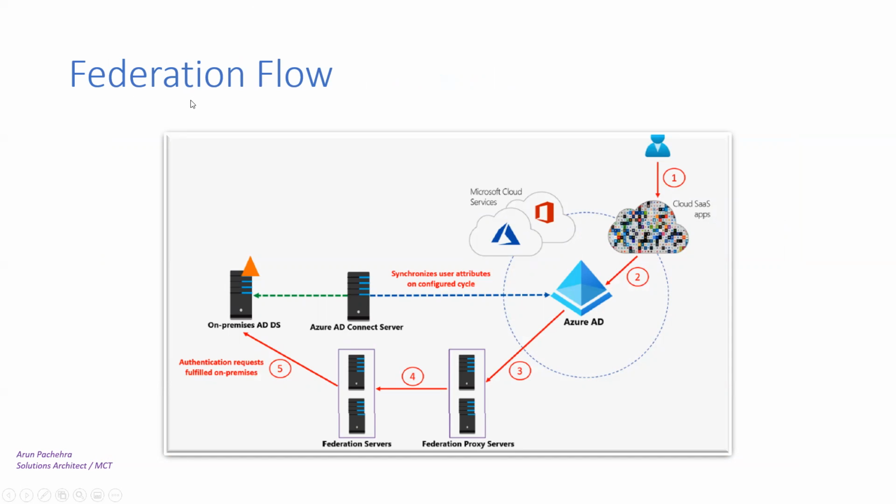This option allows an organization to configure a trust relationship between their on-premises federation server and Azure AD. Of course, there is a proxy. You can see this. With the federation authentication method, authentication requests are redirected to the on-premises federation server in order to be fulfilled on-premises.